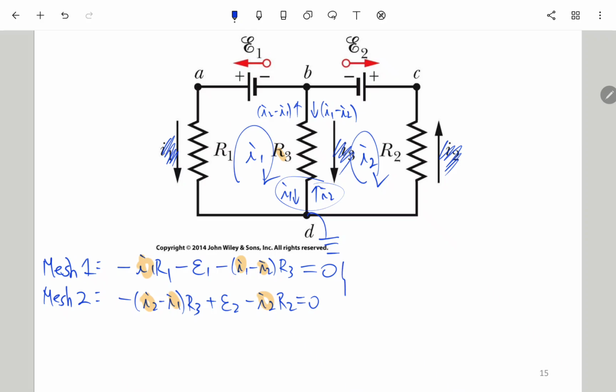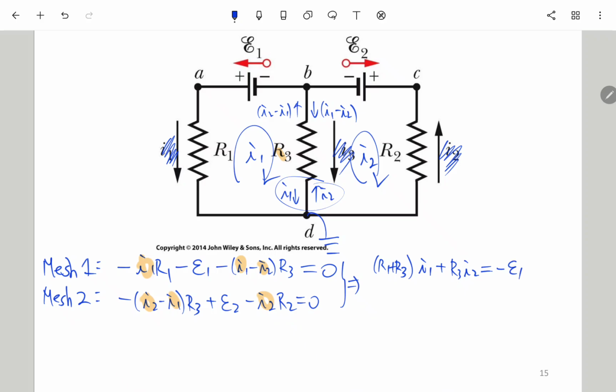In that case, we can collect the terms: I1 times (R1 plus R3), and then plus R3 I2 equals negative E1.